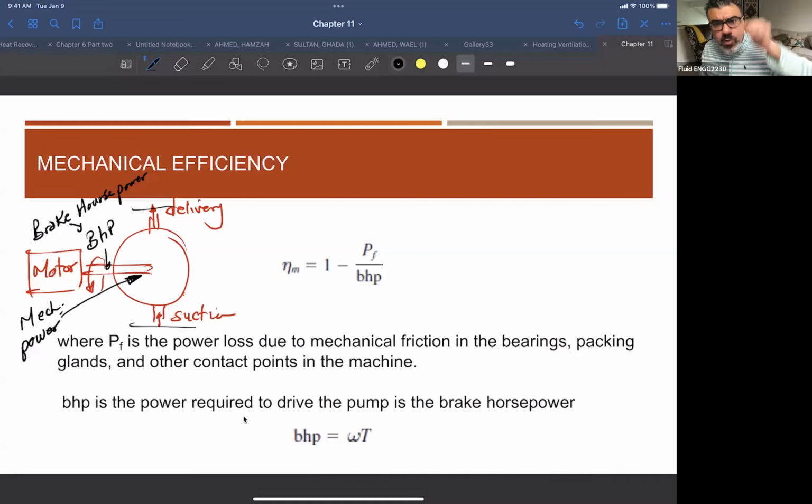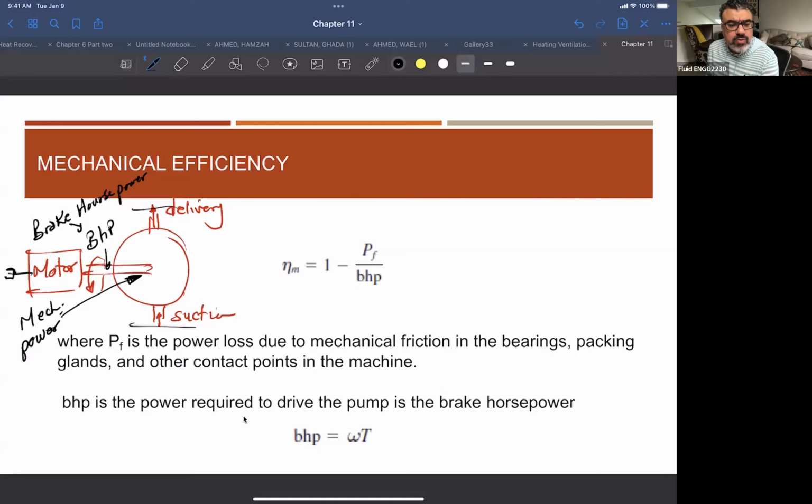If we measure the power at this shaft, we call it the brake horsepower, the actual power on the shaft itself. It is not the power required to drive the motor, because the motor is connected to electricity, for example. The electrical power coming into the motor is reduced because of the efficiency of the motor. The actual mechanical power on the shaft is the brake horsepower.